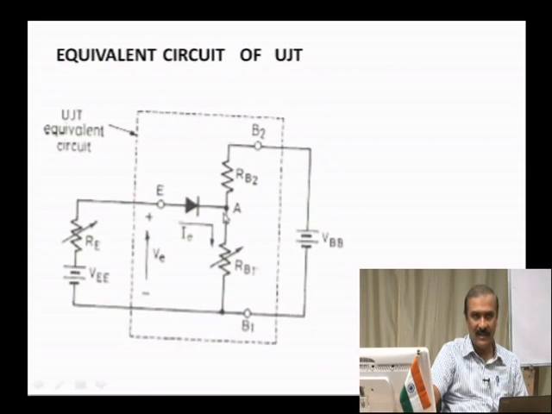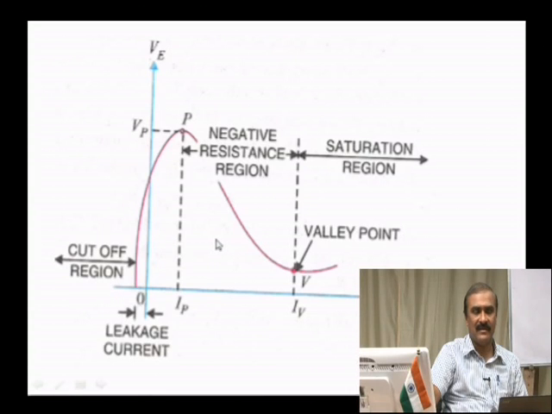This is the resistance between emitter and B2, and this is the resistance between emitter and B1. Because the path to B1 is large, it acts as a variable resistance, otherwise it is a pure resistance like this.